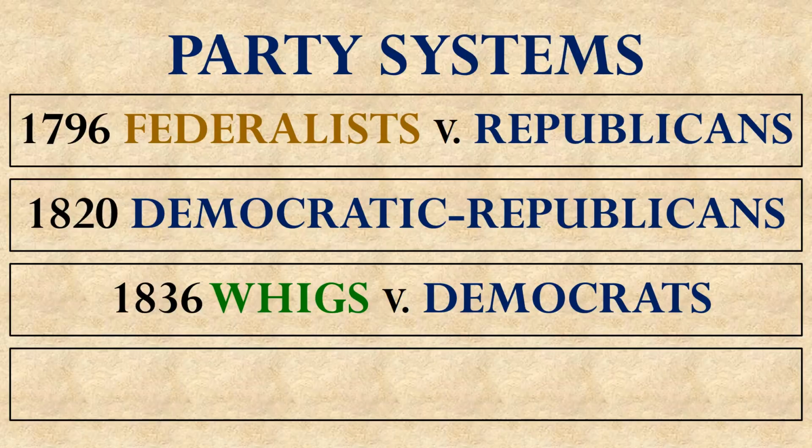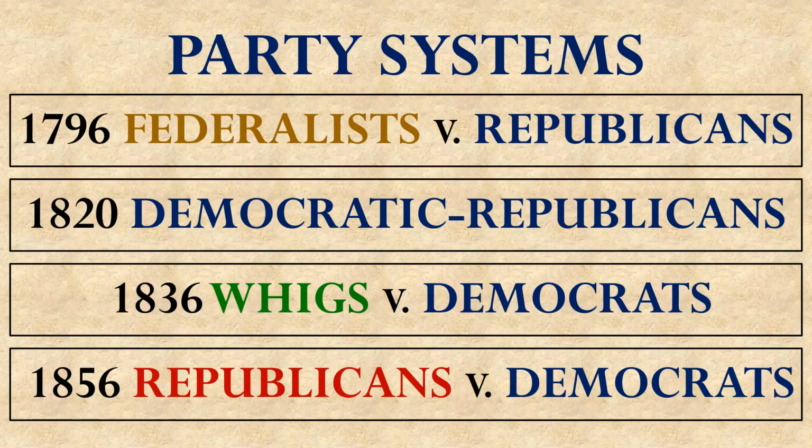So the Democratic Party that we know today originally began with the name Republicans, and it evolved over time. So then we had Whigs versus Democrats. But by 1856, the Whigs had disappeared, and the new Republican Party had come into power. So at that point then, we have Republicans against Democrats, and those are the labels that we've had on the parties ever since.